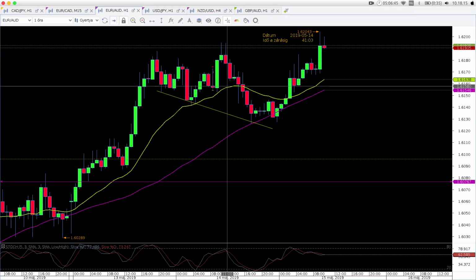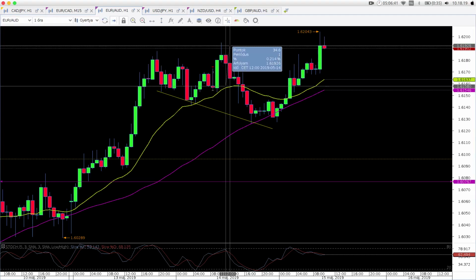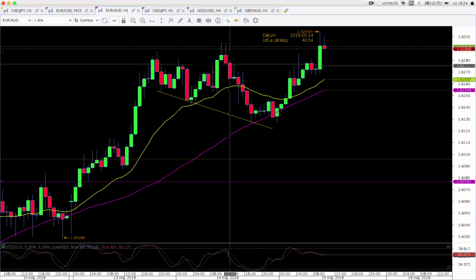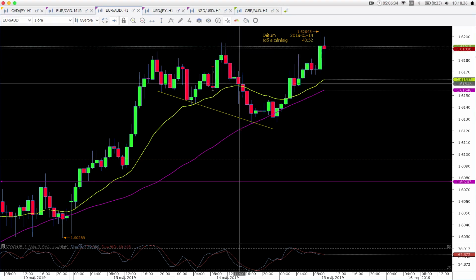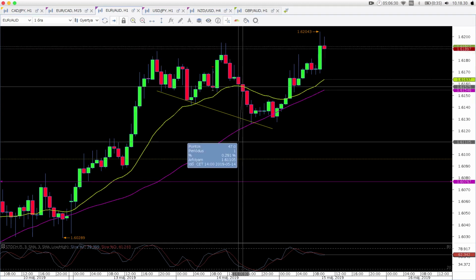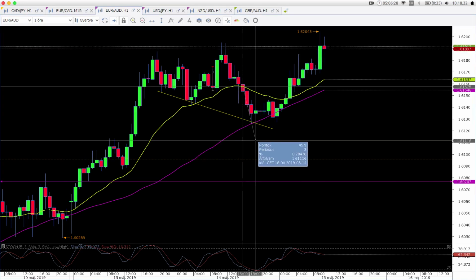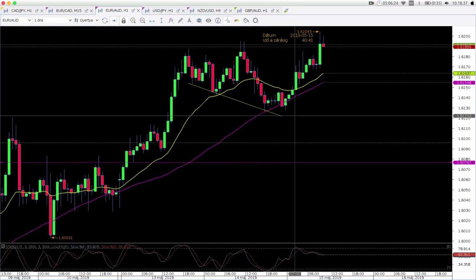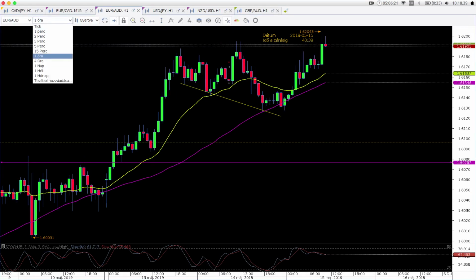So I entered at that level, but immediately the price just went against me, almost 40 pips. So it was a bad one anyway. My target point was somewhere here in that area, so it was not good enough.